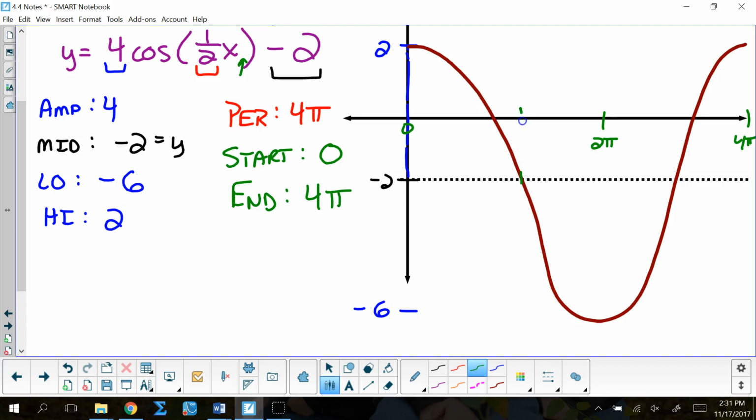But now here, because it's got to line up with there, would be my quarter. And 3 pi right there. Okay.